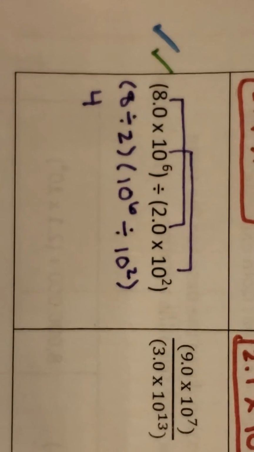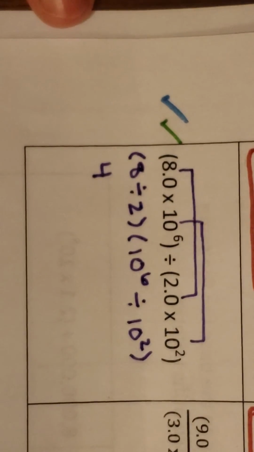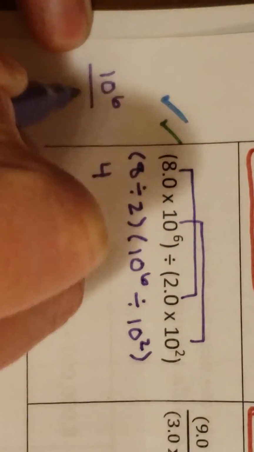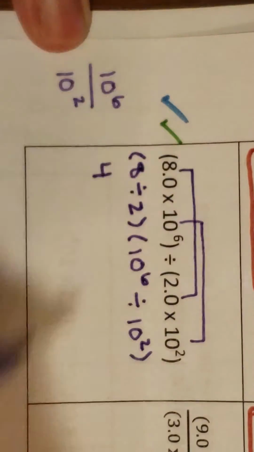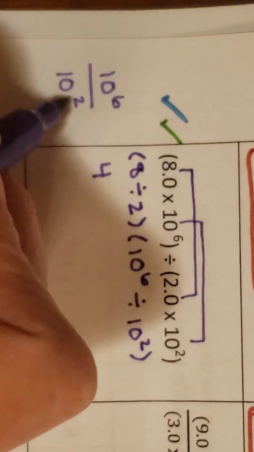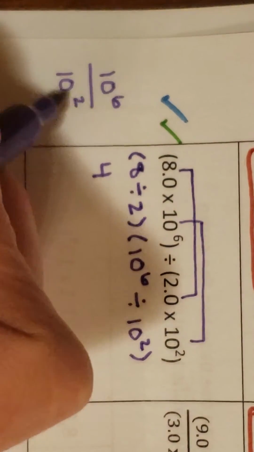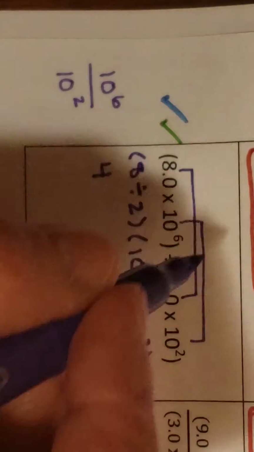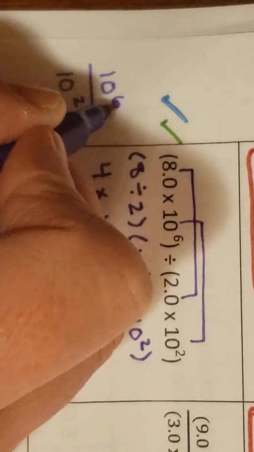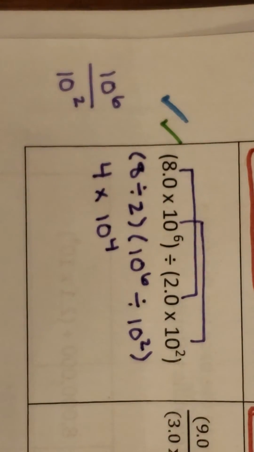Now, if you remember, if I'm dividing the same base, it might become more familiar if I write it like this. This is how we've seen it before. So same base, and we'll subtract the exponent, because in this 10 to the power of 6, 2 of those powers of 10 are going to cancel out, and we'll be left with 4 powers of 10. 6 minus 2 is 4.